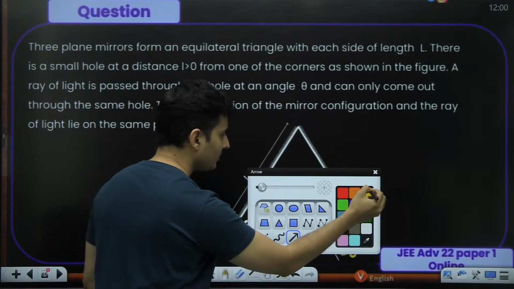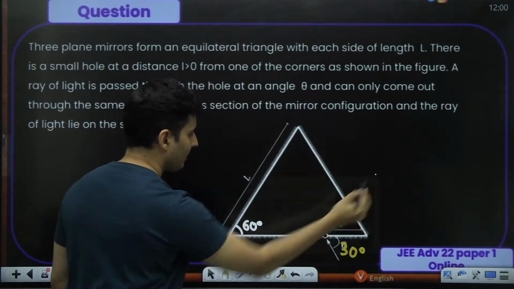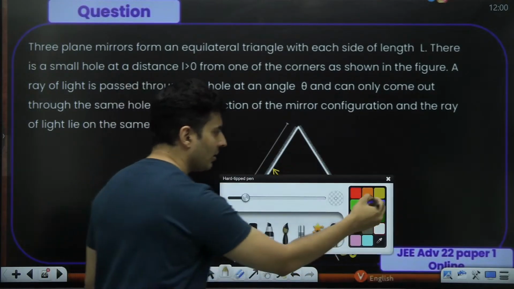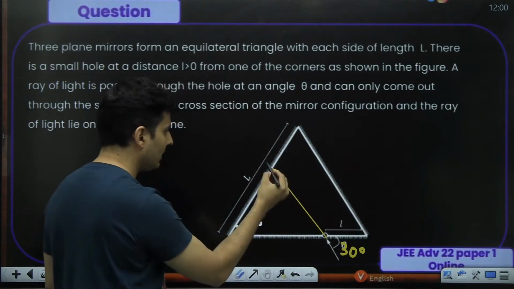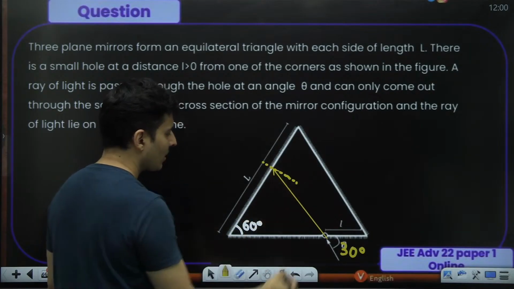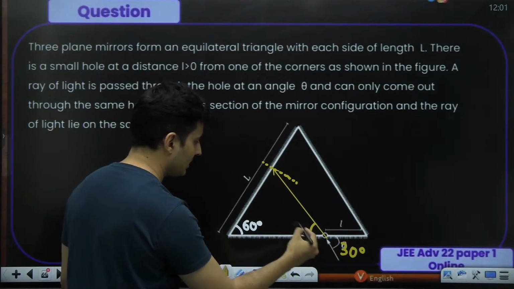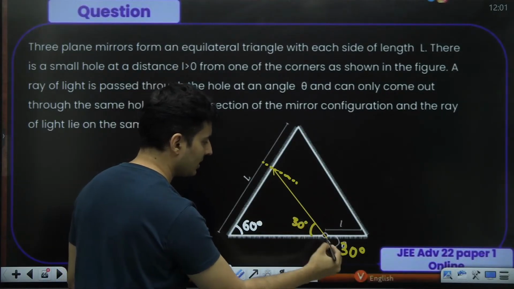So what will happen to the ray of light? Yep, this will go like this. It will fall over here. Let me draw a perpendicular over here. If this is 60, obviously this is 30 degrees because they are opposite angles.